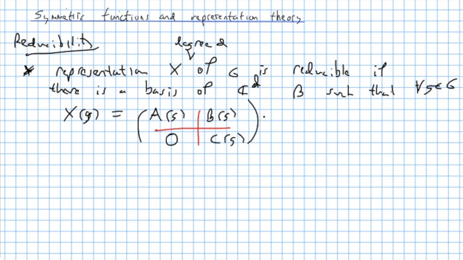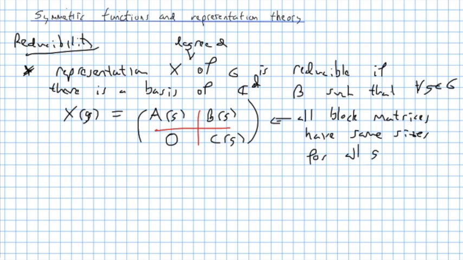Okay. So if I can find a basis B so that X(g) has this form, where all these blocks have the same sizes for all g.